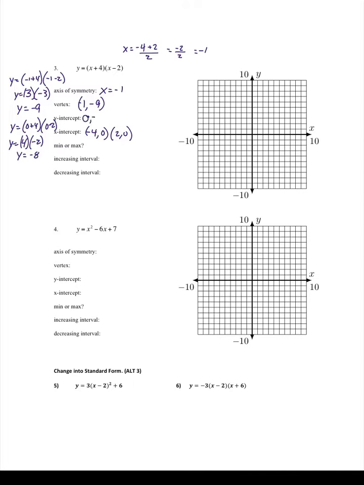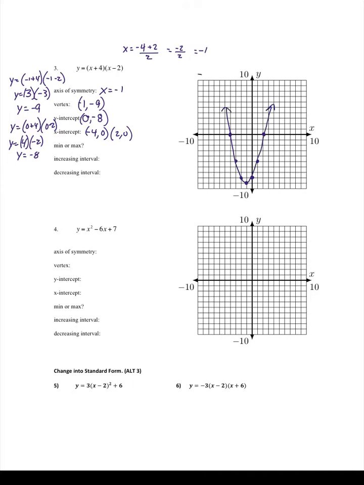Now we can start plotting our points. We can start at the y-intercept. We have our vertex. We can go over 1, up 1 again. Since a is 1, we're going to go over 2, up 4, over 3, up 9. Now we've got our graph.